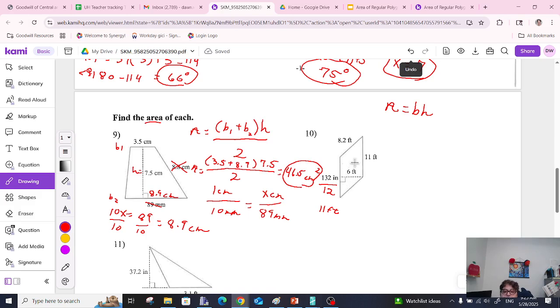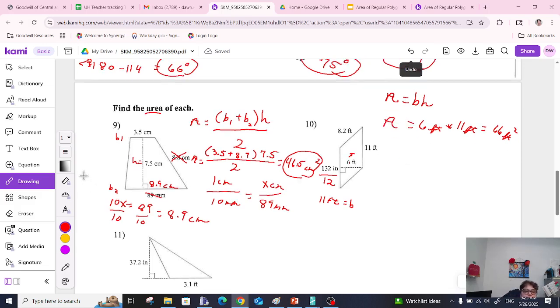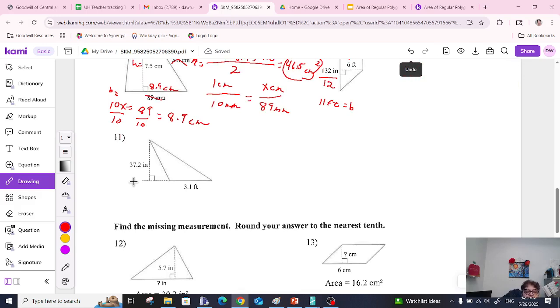Yeah, this would be your height, and it's drawn because here's the right angle, and it's drawn to the base. So this is base. So all I do is take 6 feet times 11 feet, which is equal to 66 feet squared. And that is area.